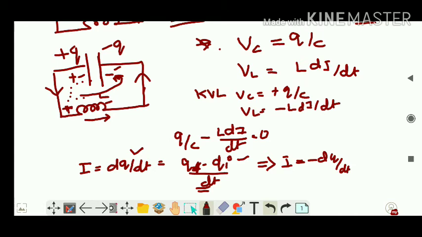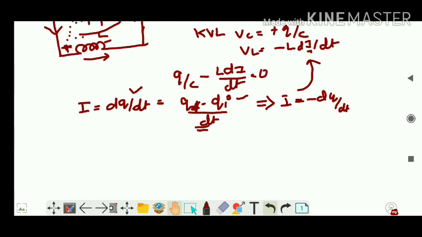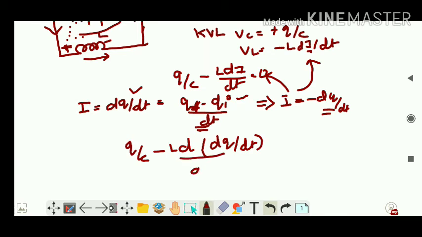Clear? Now I am going to substitute this value here. There is an I term, so there I am going to substitute. Let's substitute here. So Q by C minus L d, in place of I I am going to write dq by dt, whole divided by dt, that is equal to 0.